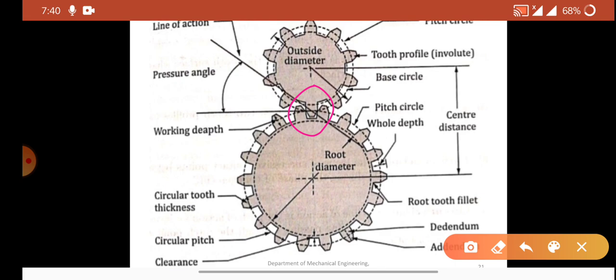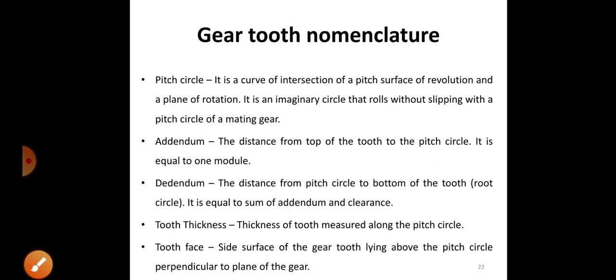Wherever the contact happens, that point is taken as reference, and we draw a circle by taking reference of all those points. That particular circle is referred to as the pitch circle. In general you can define the pitch circle as an imaginary circle, but you have to remember this definition. If it is asked in the examination, you have to write this. So this is the pitch circle.